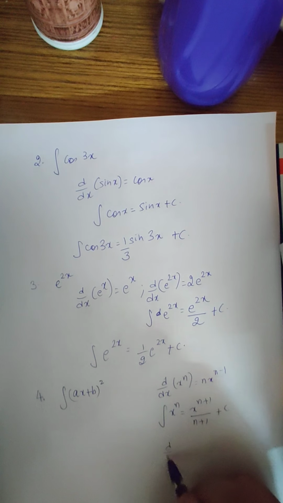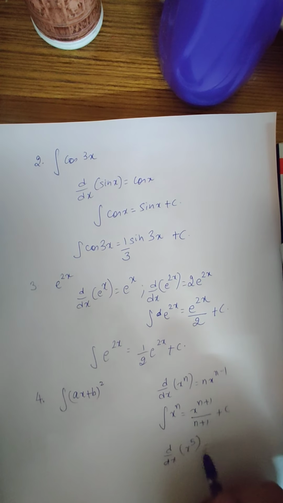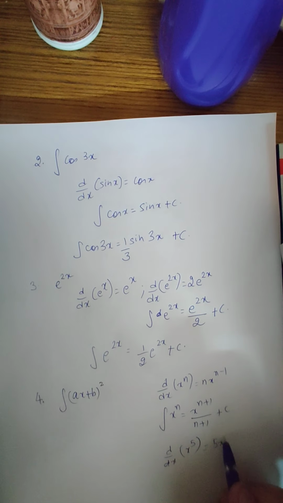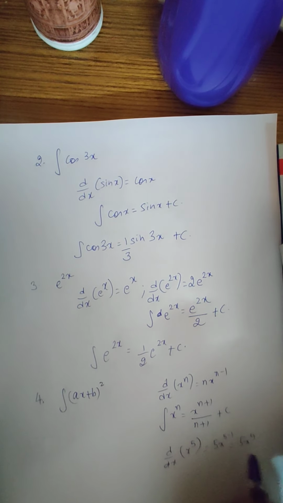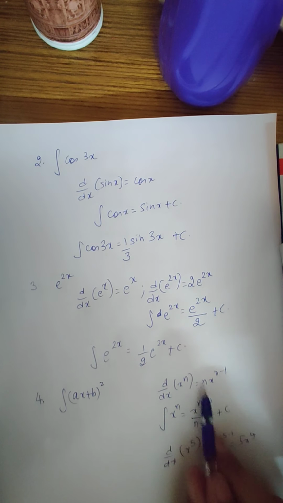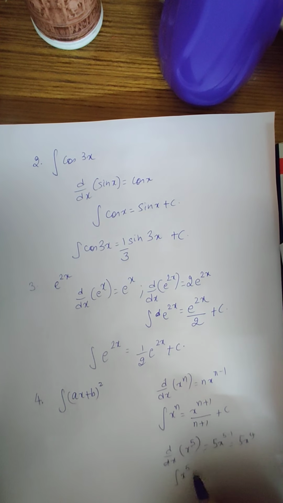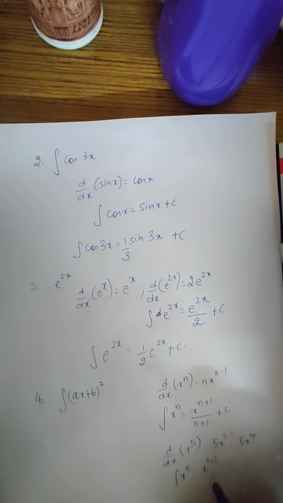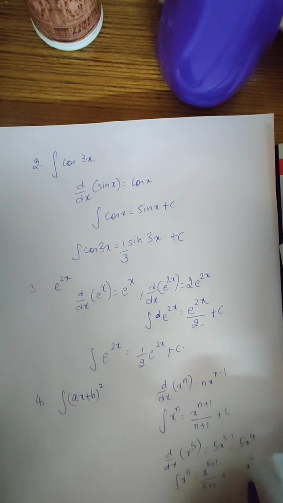So d by dx of x power 5 will be 5x to the power of 5 minus 1, which is 5x to the power of 4, where n is 5. Next, integration of x power 5 will be x power 5 plus 1 divided by 5 plus 1 plus c, which is x power 6 divided by 6 plus c.